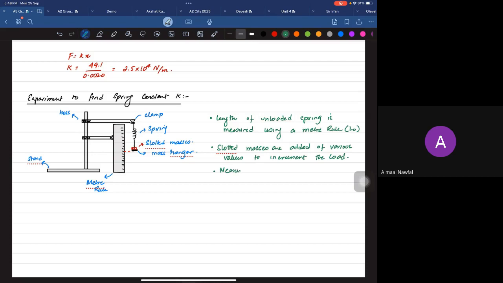Measure the new length at each increment, and let's call this LF, like that. Okay. By the way, sometimes the examiner would use the word loaded length, but that's the same thing, because loaded length basically means that when you add loads and you're finding the new length, all right, like that.